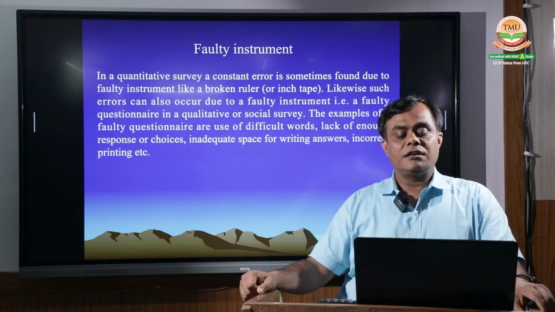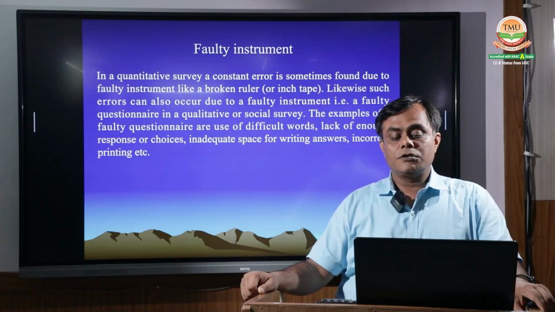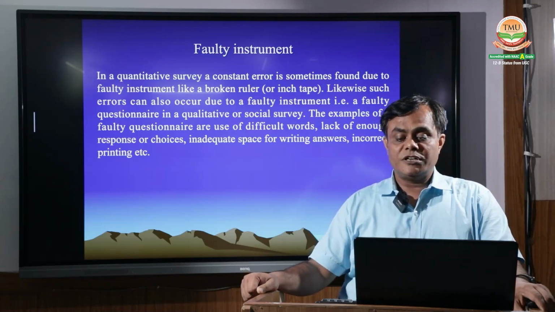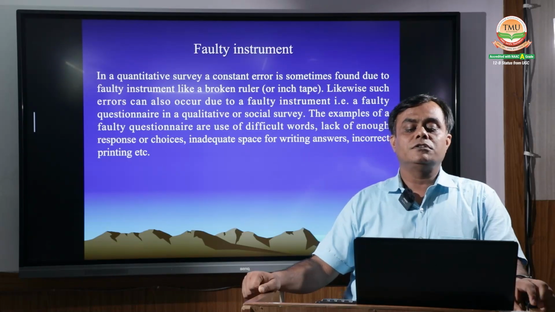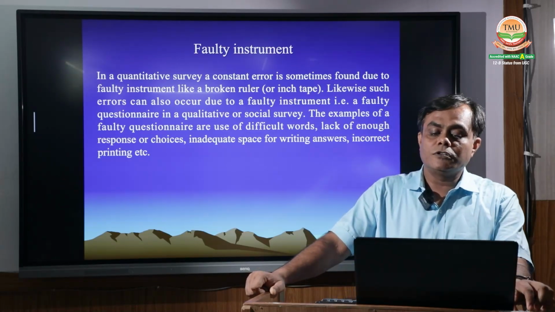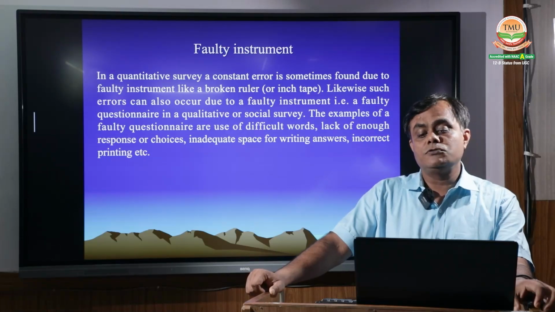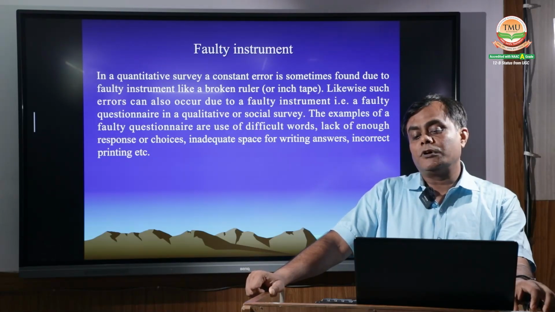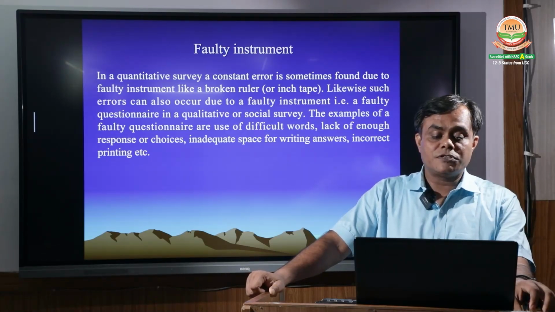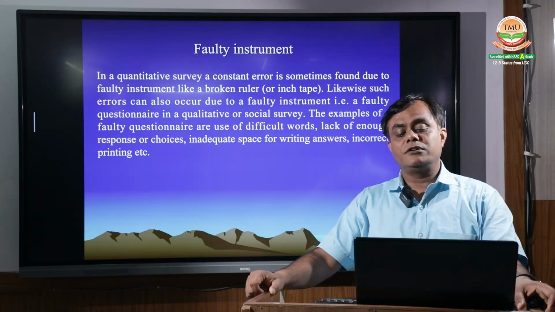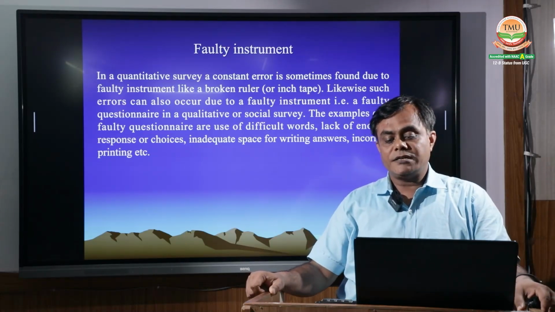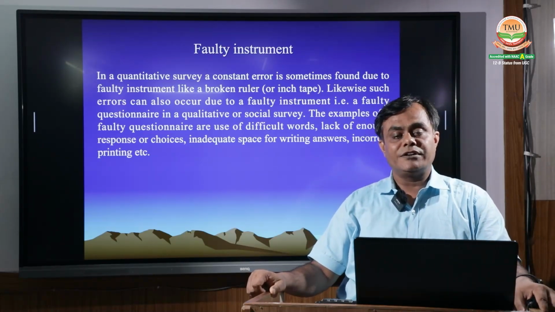Likewise, the error can occur due to a faulty questionnaire in the quantitative or social survey. Examples of a faulty questionnaire are difficult words, lack of enough response choices, inadequate space for writing answers, and incorrect print, etc.